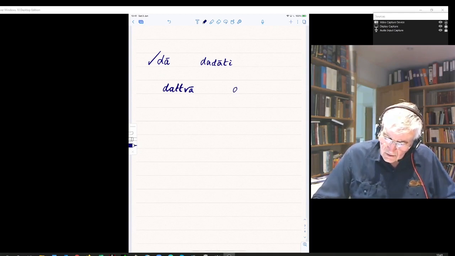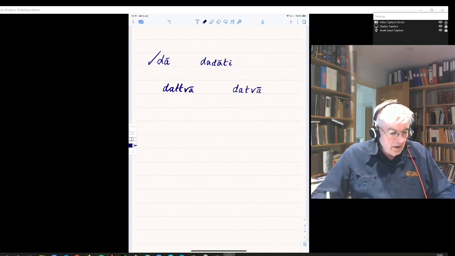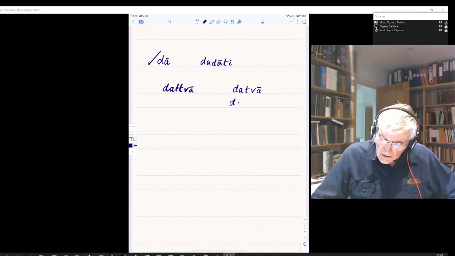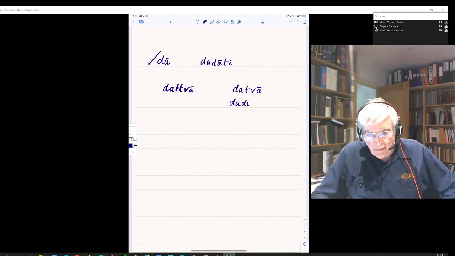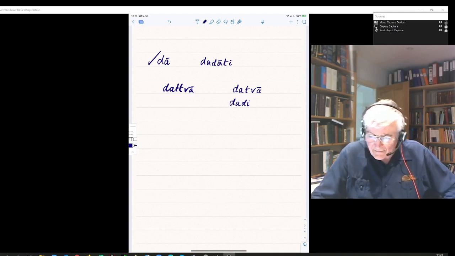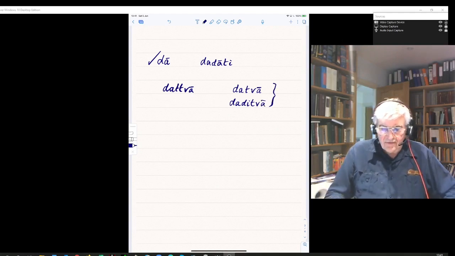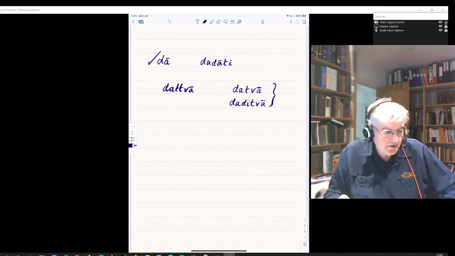One is dattva, which is closer to the Sanskrit. But you see from the book here, it also has daditwa. In other words, it is forming its absolutive from the present stem, not from the root da, but from the present stem dadati, daditwa. Both correct in Pali, and note that this is a form that would not be permitted in Sanskrit.